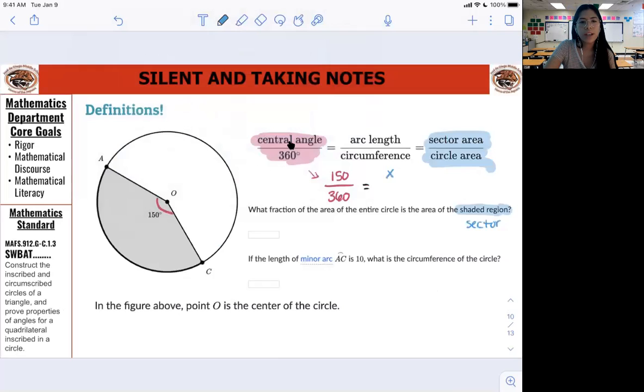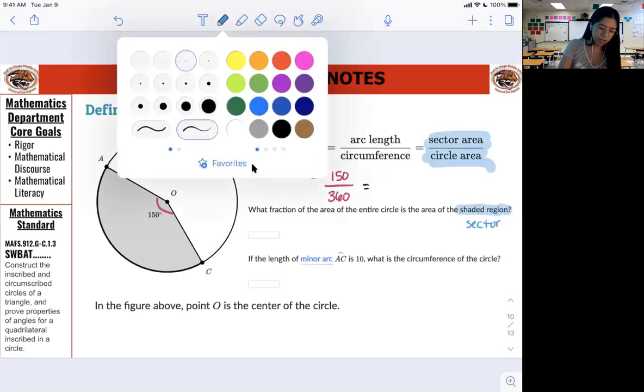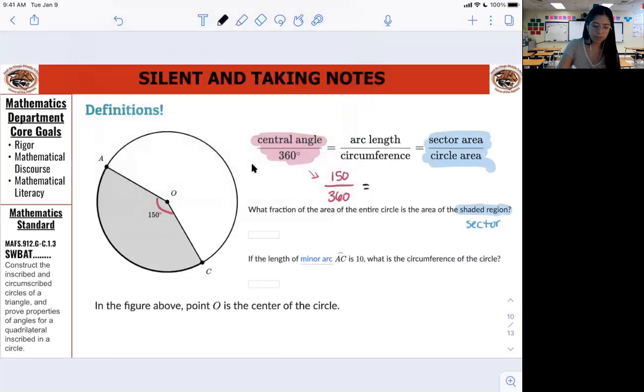What's the question actually asking us for? What is the fraction of the area of the entire circle? Oh, so we're just looking for the fraction. So we actually don't need to find the area itself. We just need to know the fraction. So basically we can reduce the fraction that we have over here and simplify it, and we'll get our final answer. So what is 150 over 360 when we simplify it?